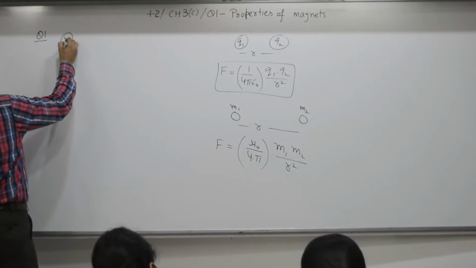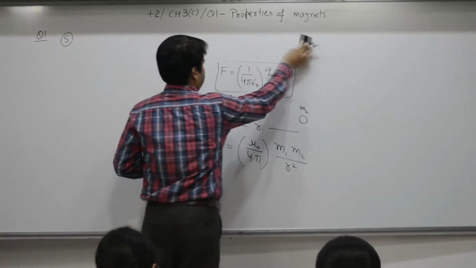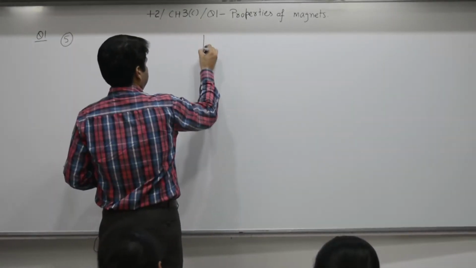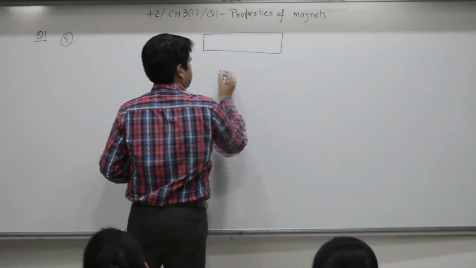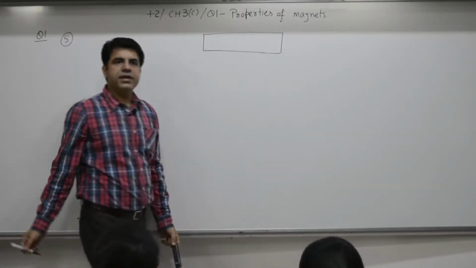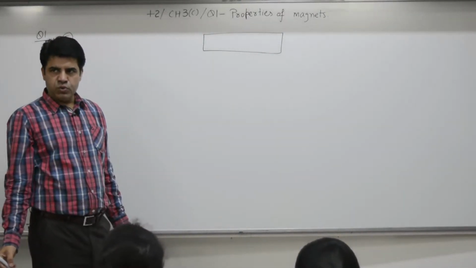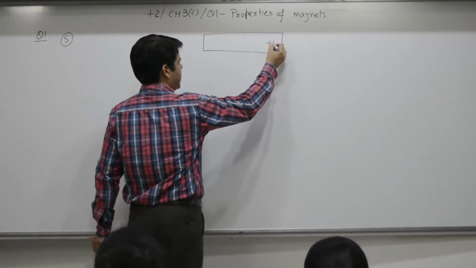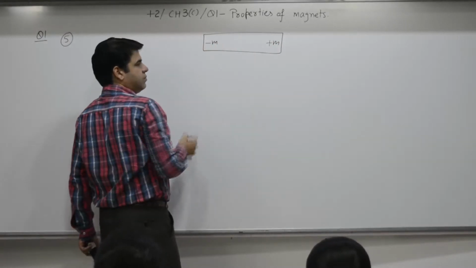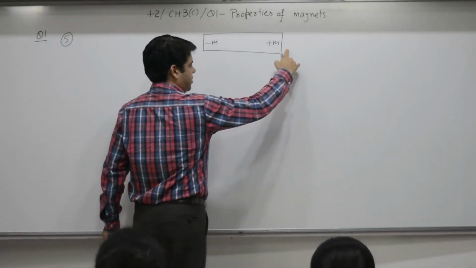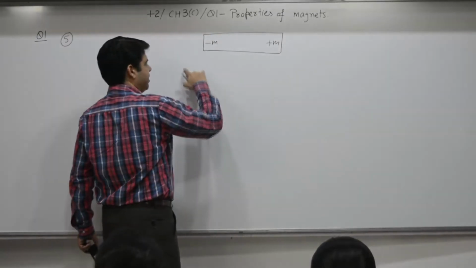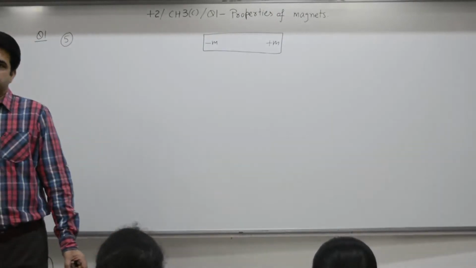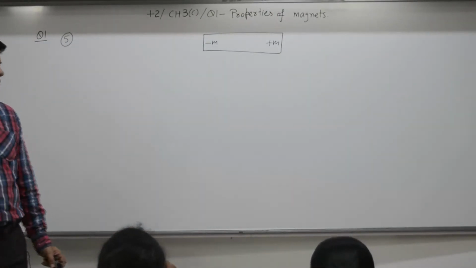Point number 5. If you have a magnet, magnets exist in pairs. The strength of the 2 faces remains the same. If the north face is plus M, south is minus M. The reason is lines: if one line leaves, it will enter back. The number of lines leaving the north face is equal to the number of lines entering the south face. Complete loop.